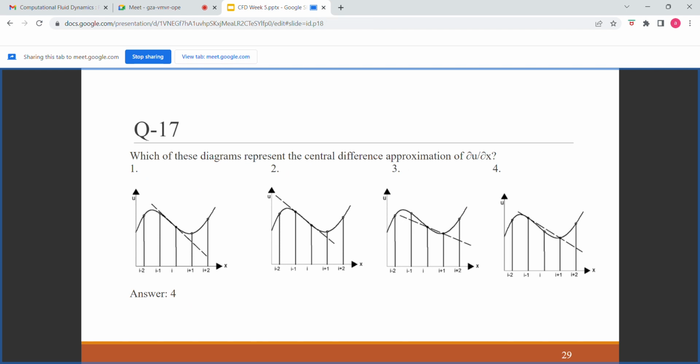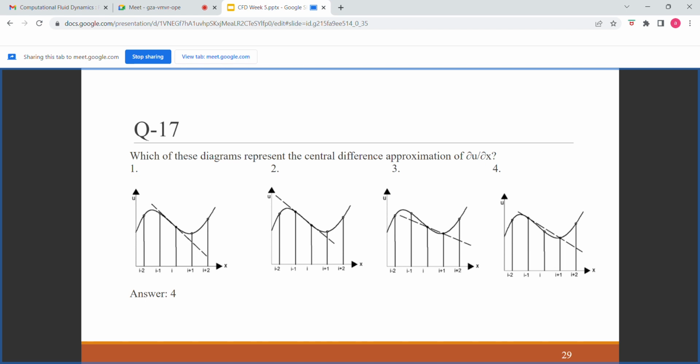Which of the following terms represent the central difference approximation of dou u by dou x? There are four different diagrams given, and it is asked which of the following diagrams represent the central difference approximation of dou u by dou x.